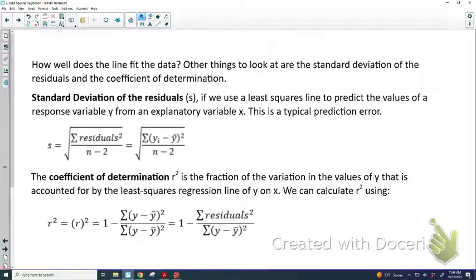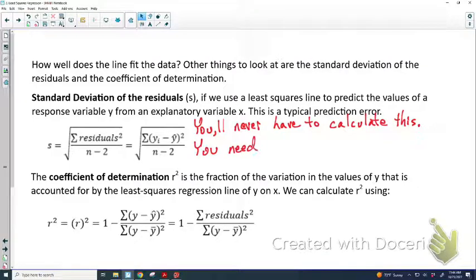So what you need to be aware of is you don't have to calculate it. You need to know how to interpret it.